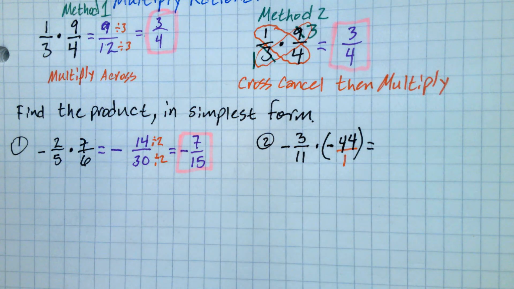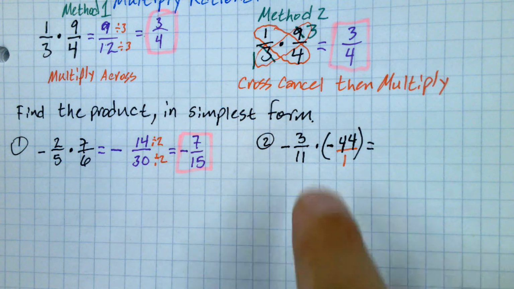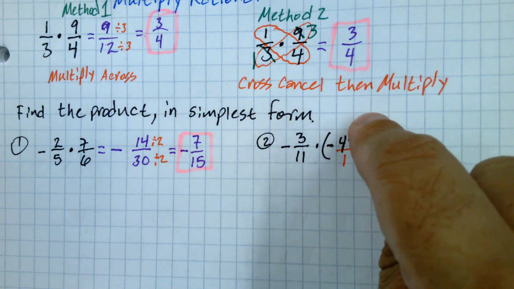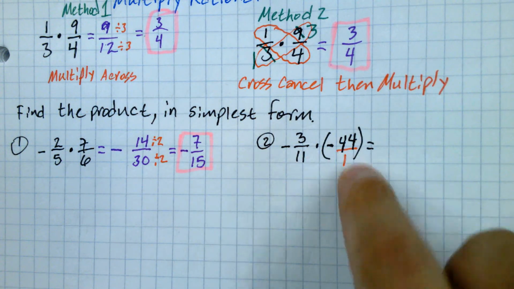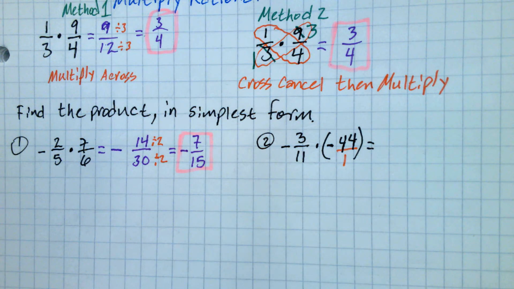So first the easy part. Answer, positive or negative? Positive. Okay. So that's all we got to worry about with the sign. Now, here's the catch. We're going to have to multiply 3 times 44 and then 11 times 1. And then we're still going to have to reduce. I'm telling you now, this is where it's actually easier to cross cancel.